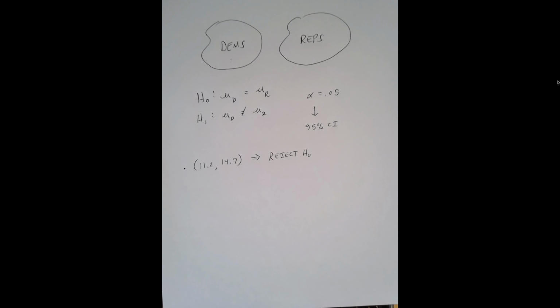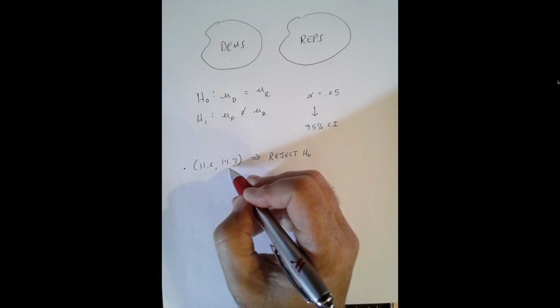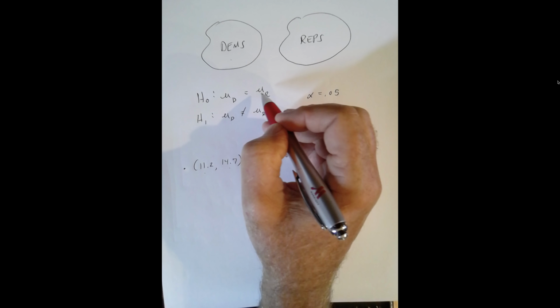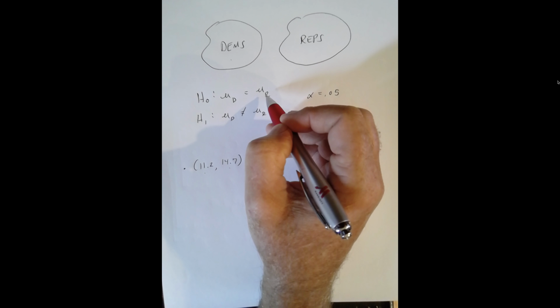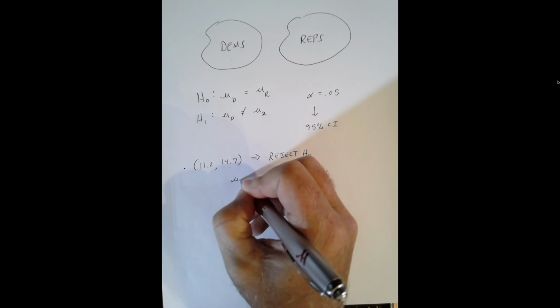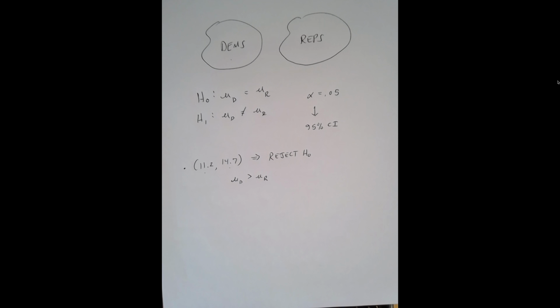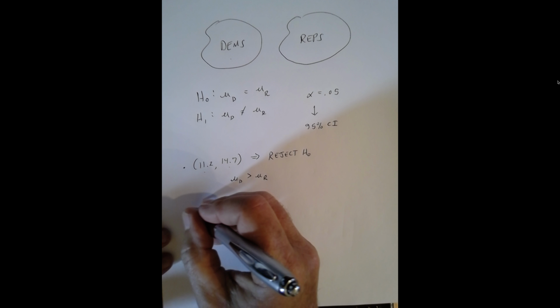So we reject H sub O. And both these numbers are positive, which tells me that my first measurement is bigger than my second measurement. So the average for the Democrats is higher than the average for the Republicans.